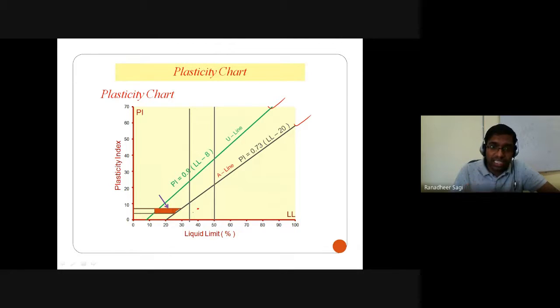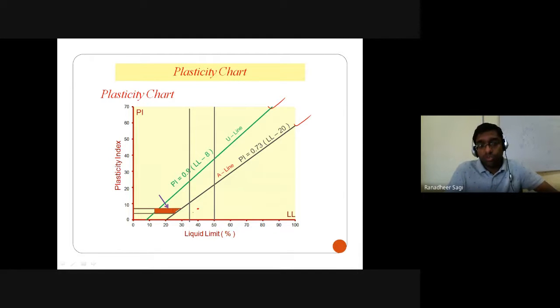In case the point falls above the A line, then that soil is categorized as clayey soil. I repeat, if the point falls below the A line, then we call it silty soil or organic soil. If the point falls above the A line, then we call it clayey soil.